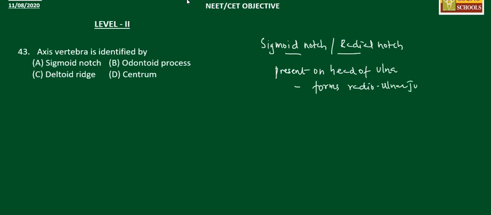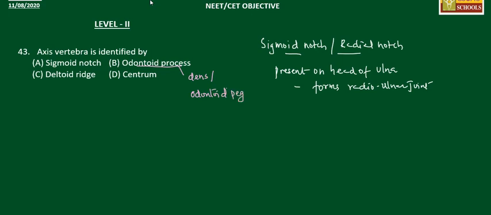Then coming to the odontoid process, this is also called dens, or simply called the odontoid peg.